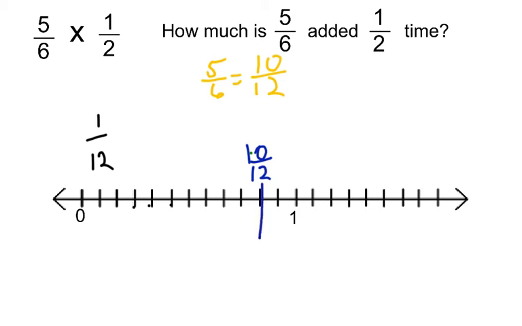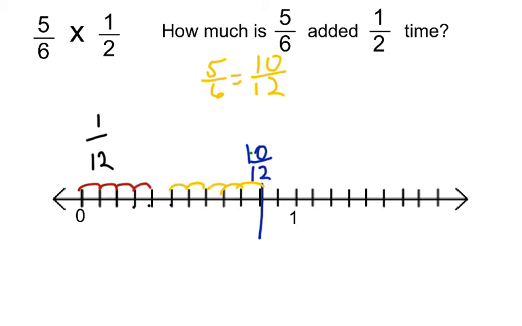So now I'm starting with 10/12 as pretty much my whole, and then I need to look at the number line about halfway. Well, you could do that by going one at a time in opposite directions until you get directly into the middle.